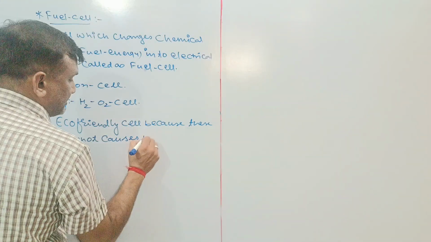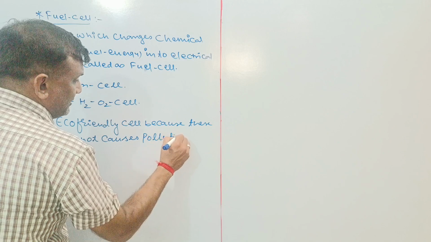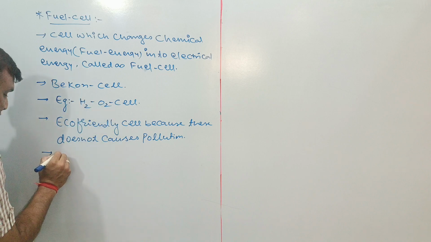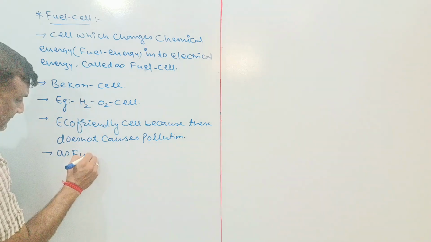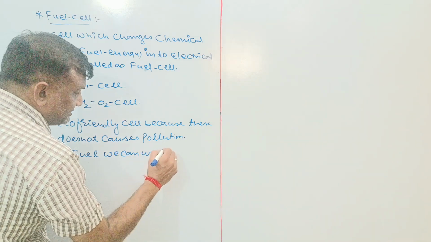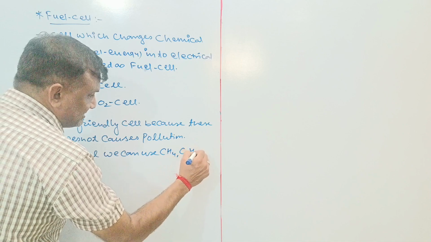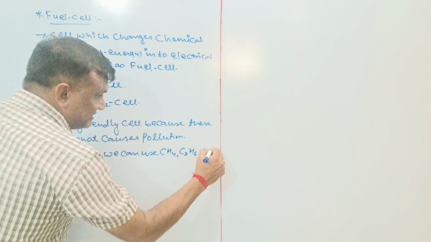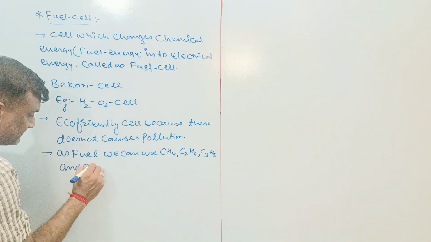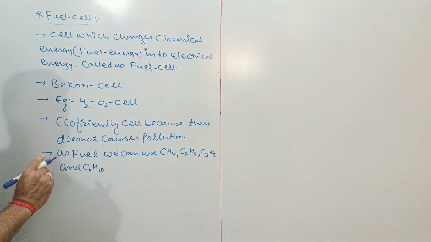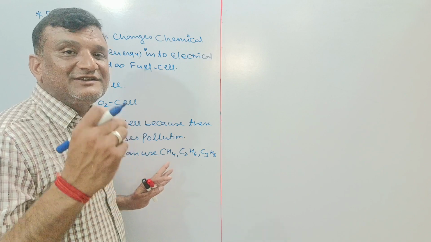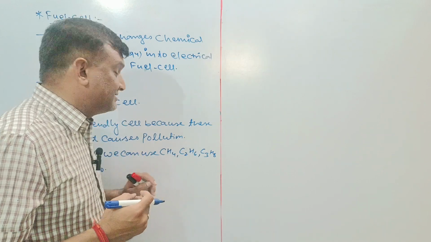We can use CH4 methane gas, C2H6 ethane gas, C3H8 propane gas, and butane gas also, C4H10. These are used in the form of fuel, which by combustion gives electrical energy.